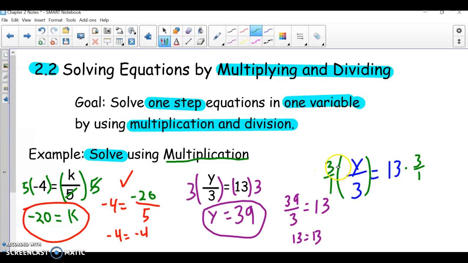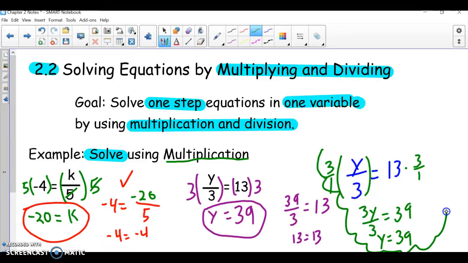Well, 3y divided by 3 is the exact same as 3/3 of y. 3/3 as a fraction would simplify to just 1. Y equals 39. So this is kind of the math behind what we're doing. Okay, and I do not ask that you show that work, as long as you show me the work of just multiplying both sides by this denominator.